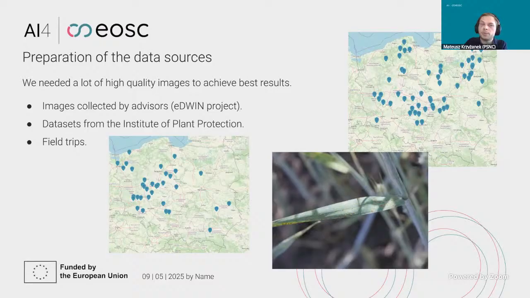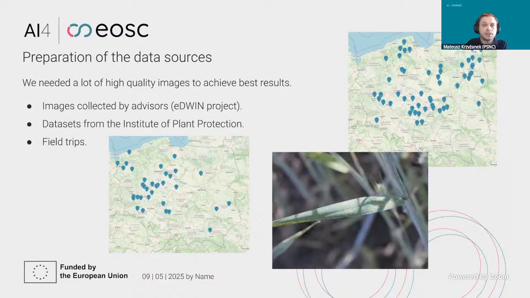Collecting high quality data for training AI models in agriculture is a demanding process. One of the key challenges is the seasonality of plant diseases. Many symptoms only appear during specific growth stages or weather conditions.